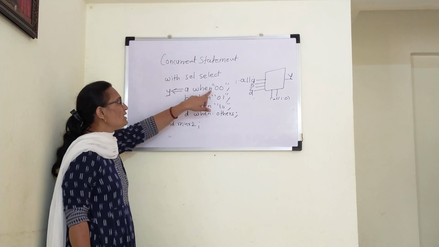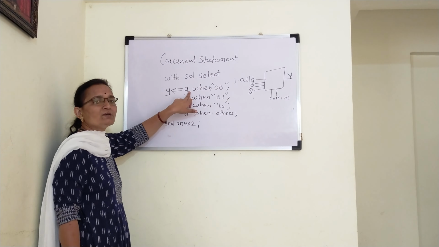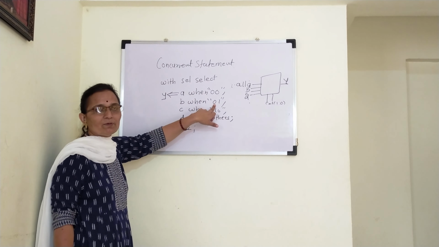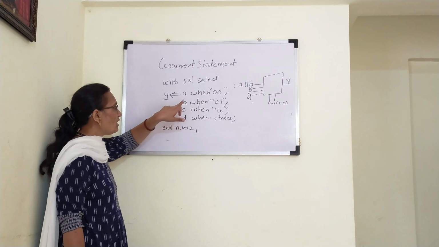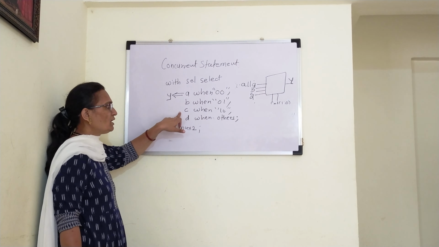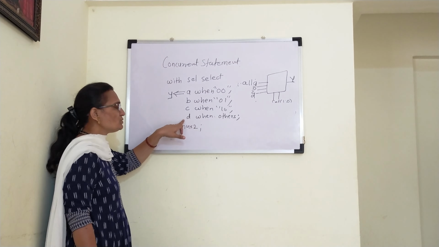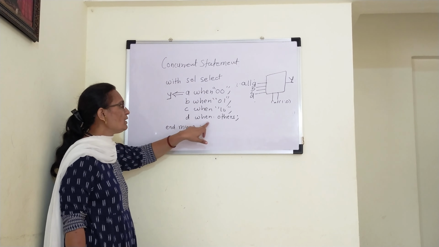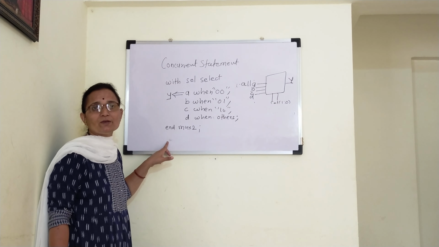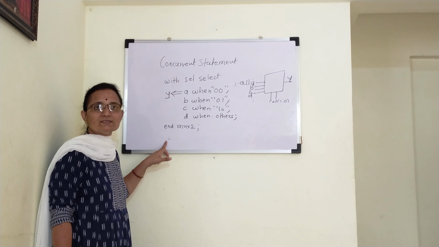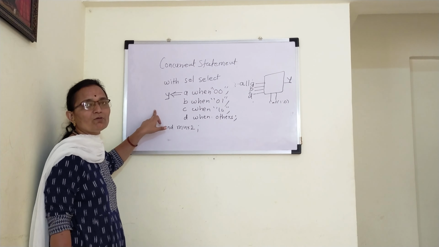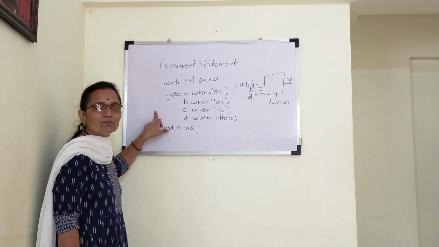If the value of sel is 00, then output is A. Otherwise, if the value of sel is 01, then the value is B. Then 10, then the value is C. And any other value, then output is D. You can write here when 11, doesn't matter. And end your architecture. In this way we are using the with select when concurrent statement for writing the logic of 4:1 multiplexer.